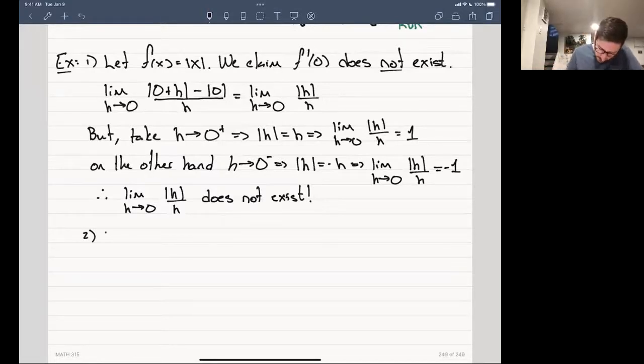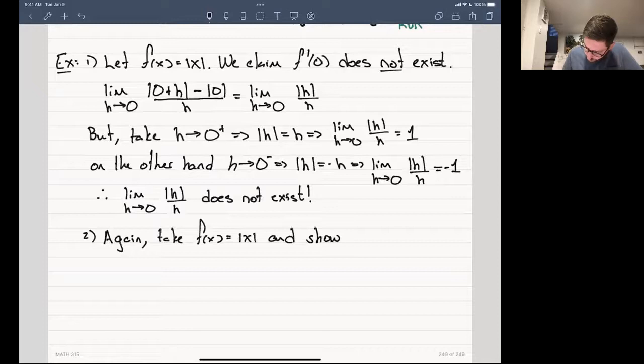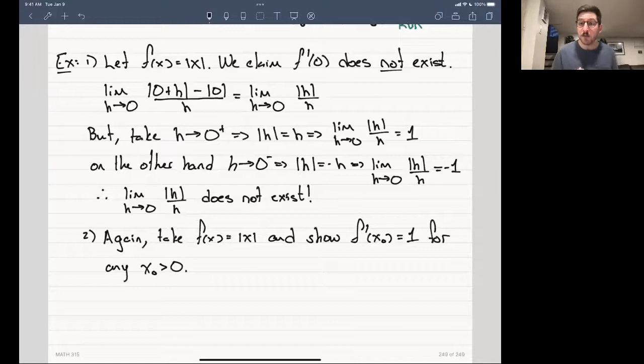So again, let's take f of x equal to the absolute value of x and show f prime of x0 is equal to 1 for any x0 greater than 0. So if you want to do this for a negative value of x0, you show that the slope is equal to minus 1.